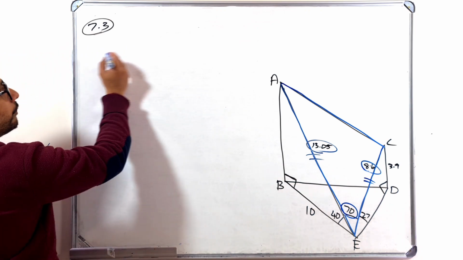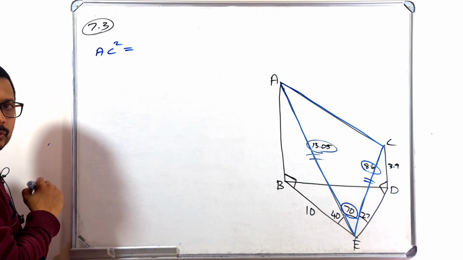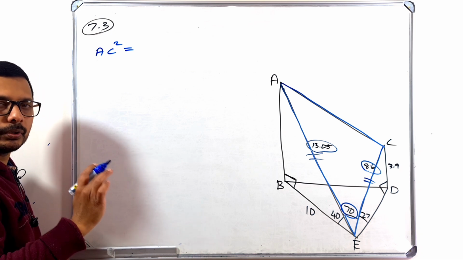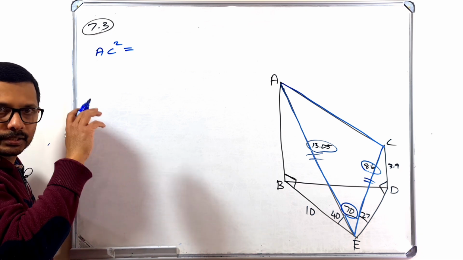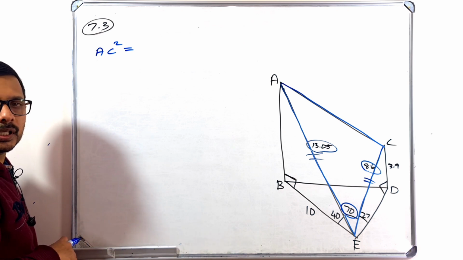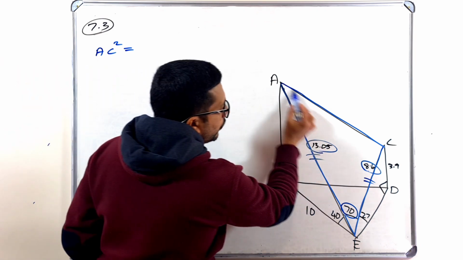What is the cosine rule? How can you write it? AC square is equal to, do you remember the cos rule? Those who didn't study the sine rule, cos rule and area rule, you must watch those class lessons. There I explain clearly how you can apply the cos rule, sine rule and area rule. So here we have to find this AC.